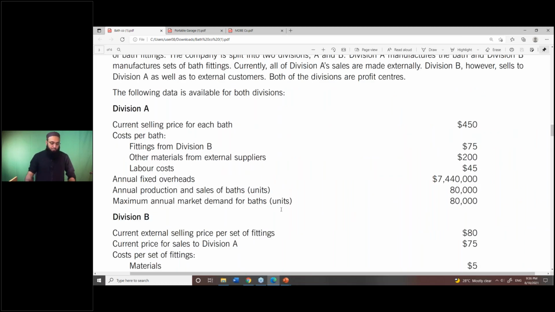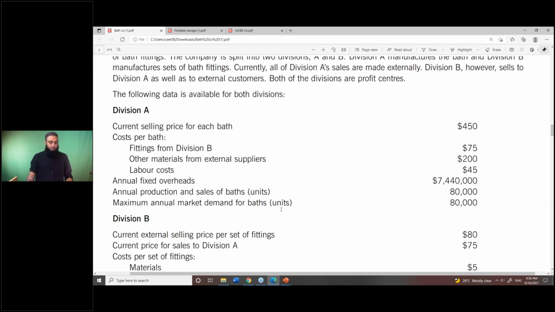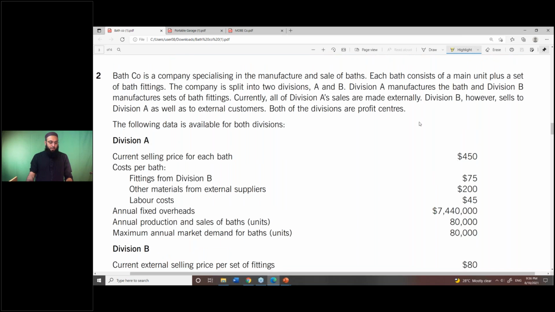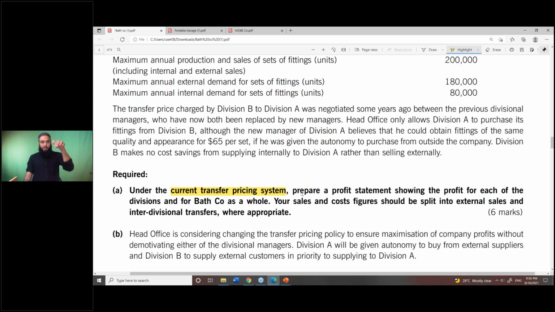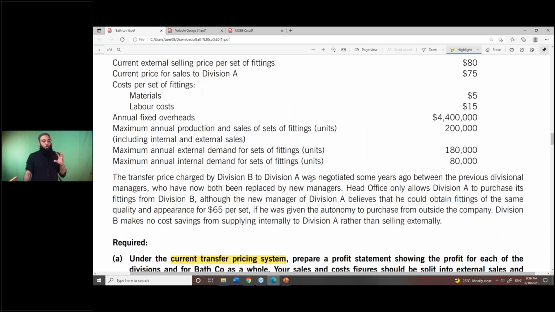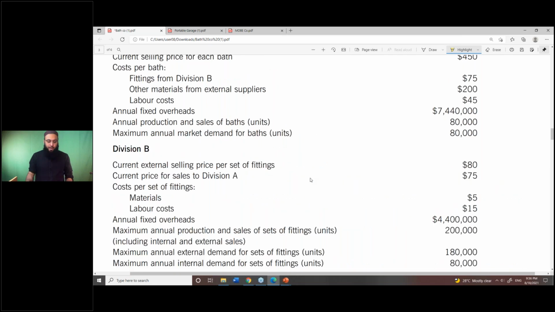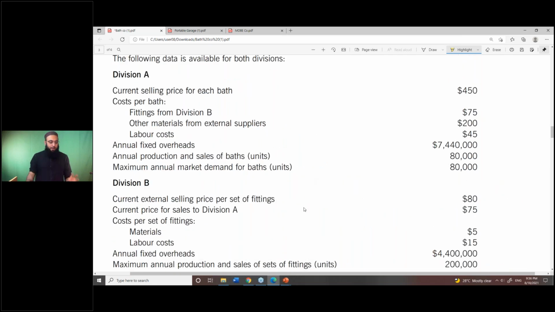Now, see, current transfer pricing system, current policy. When it says current transfer pricing system, there are 2 things hidden: the units that they are currently transferring within the divisions and the price at which they are transferring it. I'm not reading, I'm just telling you the things here.